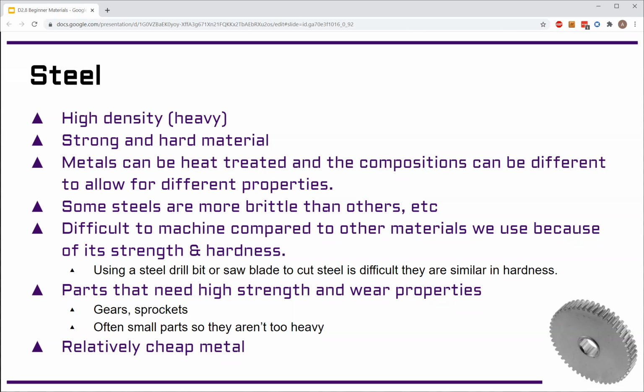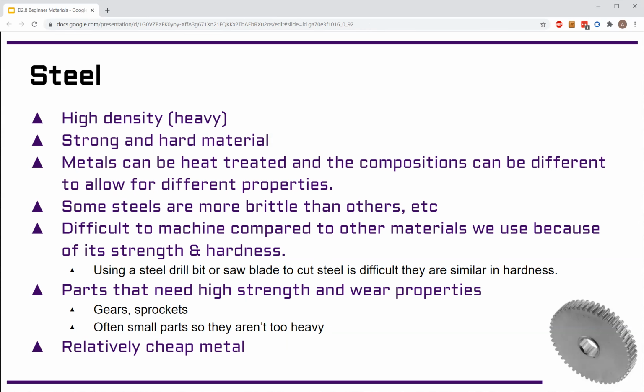Steel isn't any one thing. When you produce steel, there are normally other metals and different alloys of iron and other things in it to make steel. And so the actual formula for that specific steel determines some of the properties. So some steels are more brittle than others. In general, steel is more brittle than some other metals.